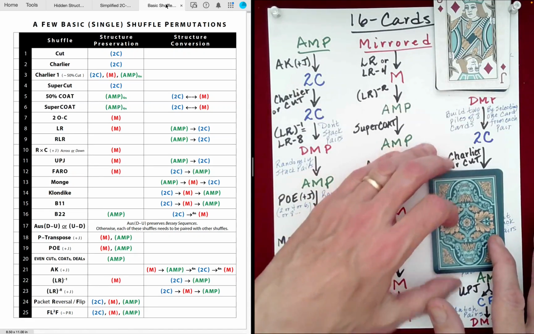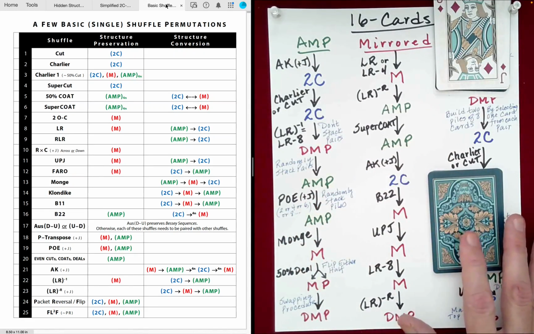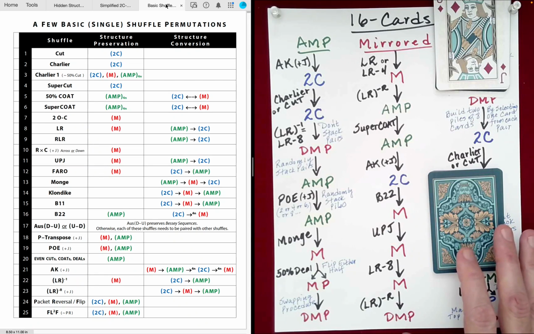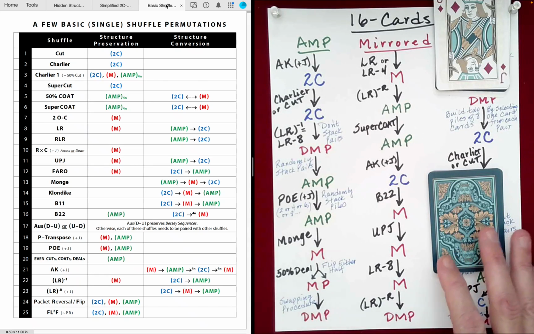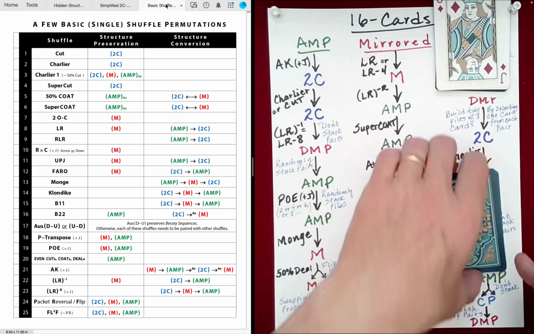Now, a shuffle that we can perform on an AMP in the case of 4N cards, so a multiple of 4, which is what we have, 16 cards. If you look at line 6 on our table on the left, it's called a supercoat. And if you notice there, under structure preservation, next to supercoat are AMP structures, as long as you have 4N cards, which we do.